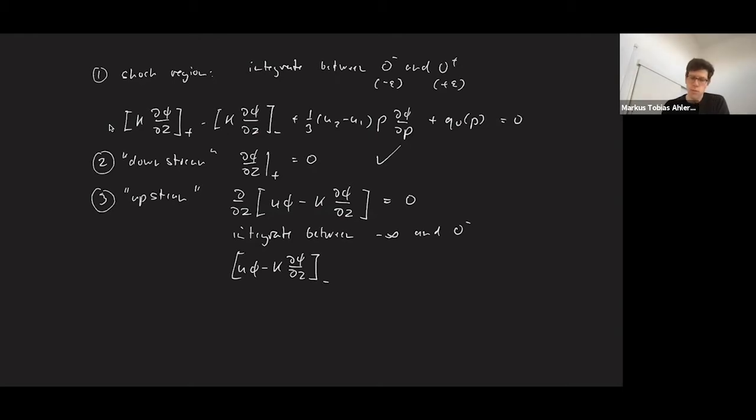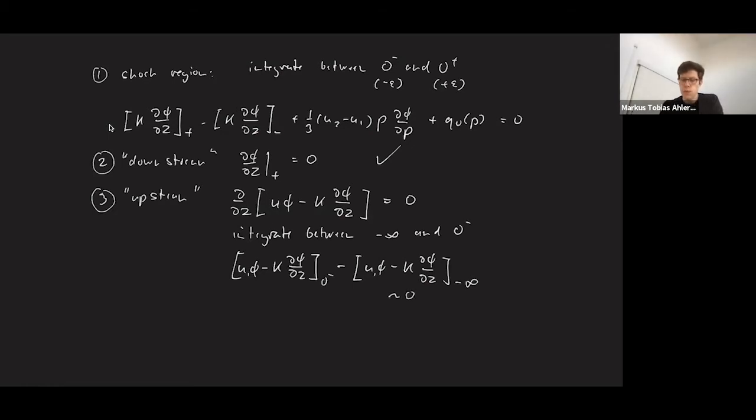evaluated at 0 minus, just below the shock, where this is u1 from the upstream region, minus the term from minus infinity. I should rather call this here minus 1, actually. So we assume now also that if we go far up in the upstream region, into the interstellar medium, then again the term which is given here on the right-hand side is going to vanish.